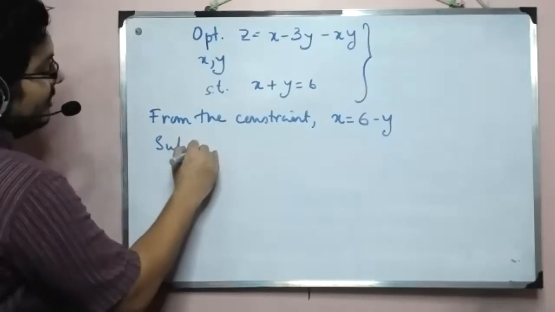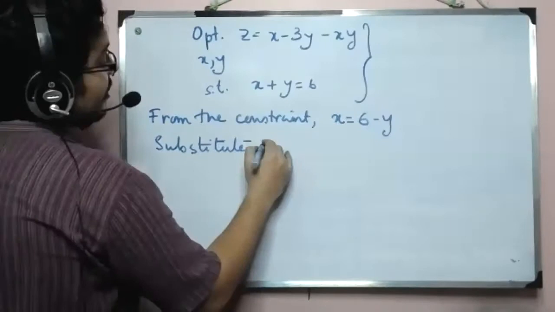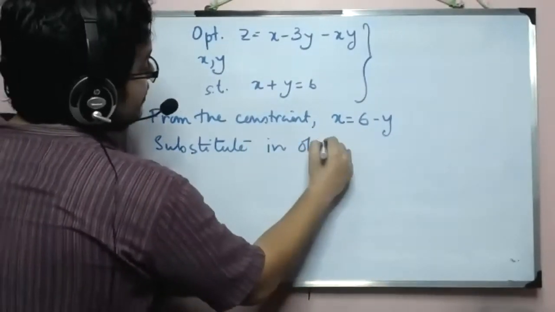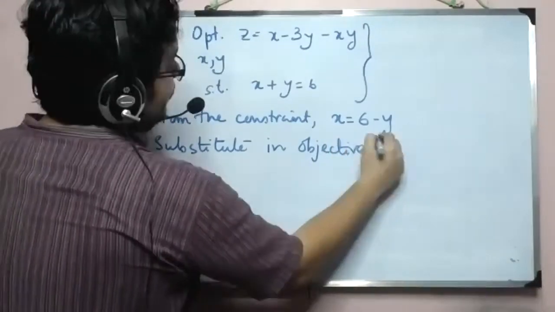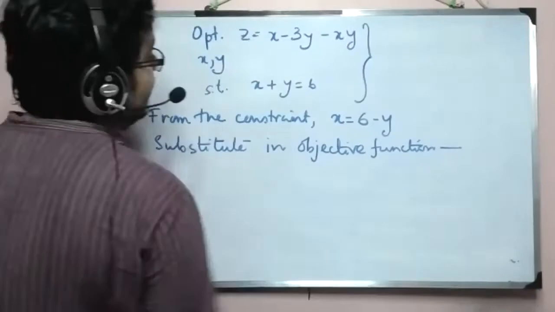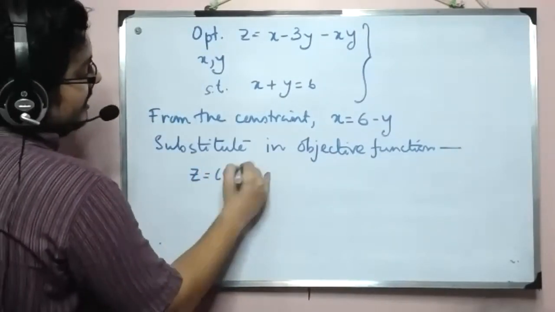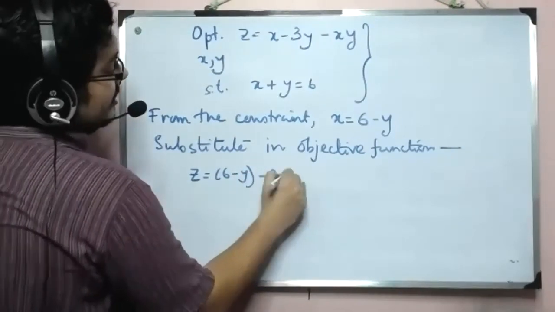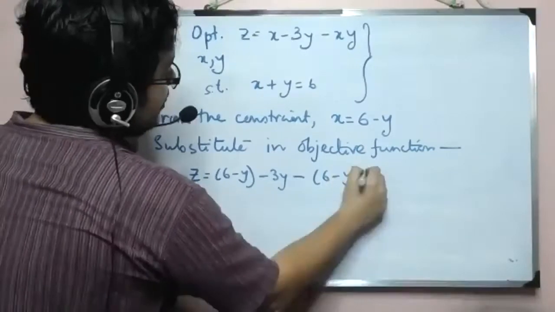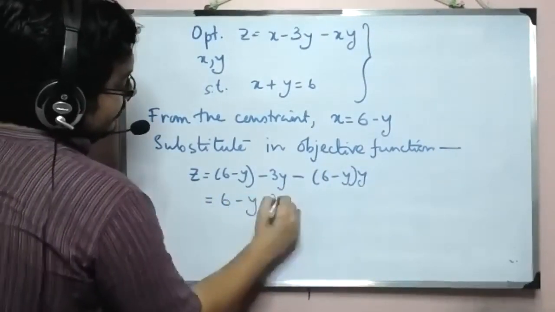Then we substitute this in the objective function, which gives us (6 minus y) minus 3y minus (6 minus y) times y.